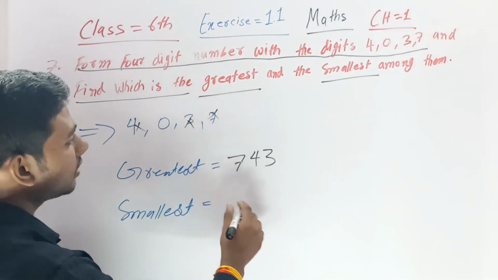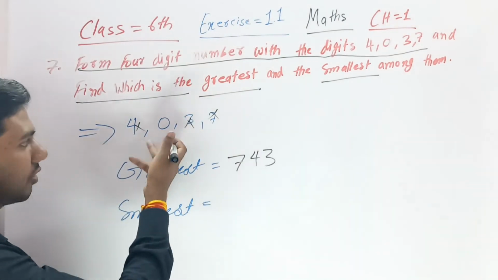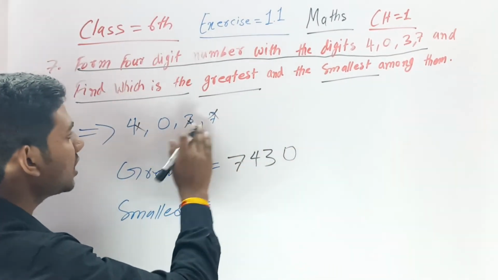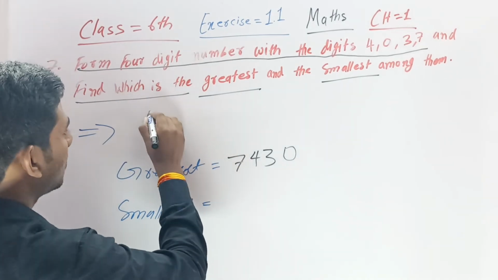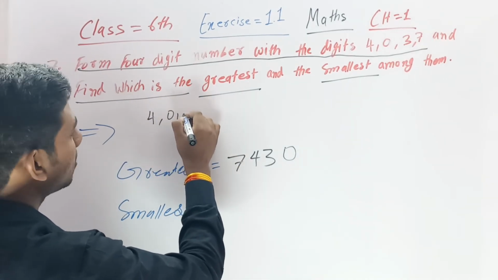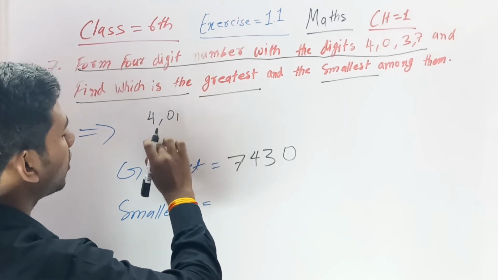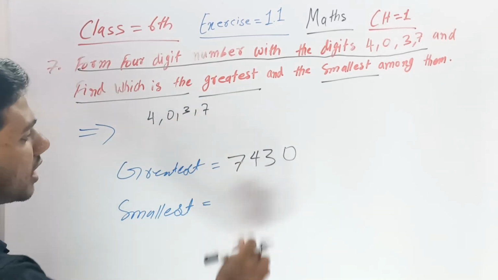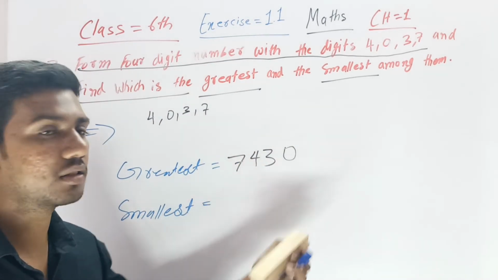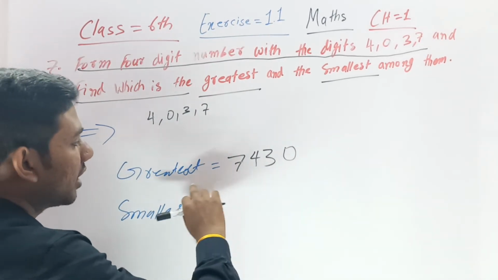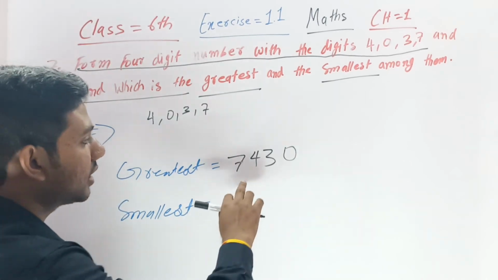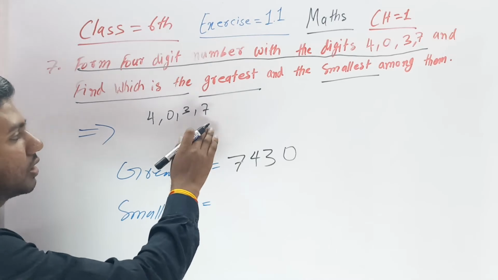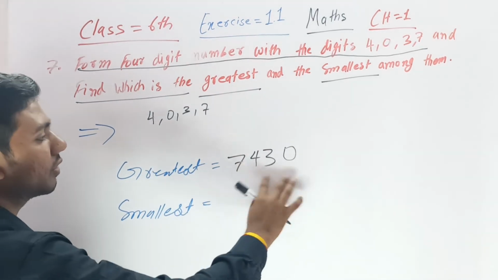Which is left? Only 0. Then we can't compare because there is no other number. So 7430 is the greatest number using these digits. You can make only this greatest number from these digits.